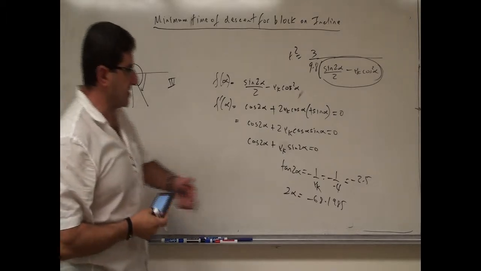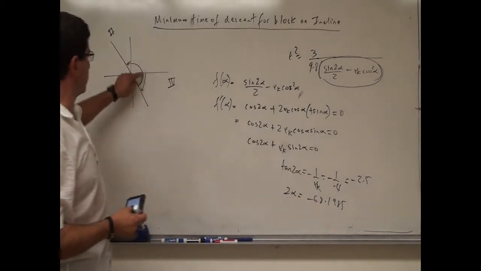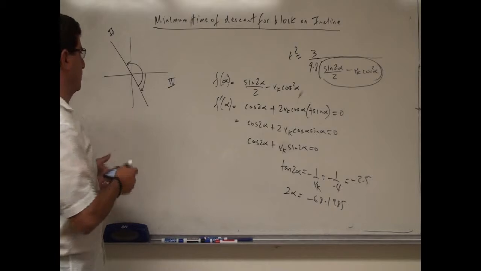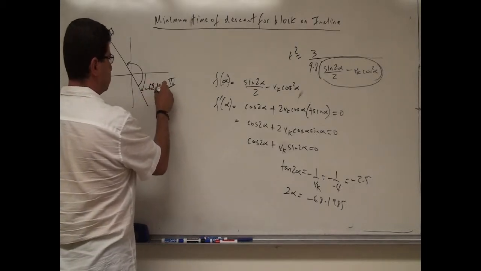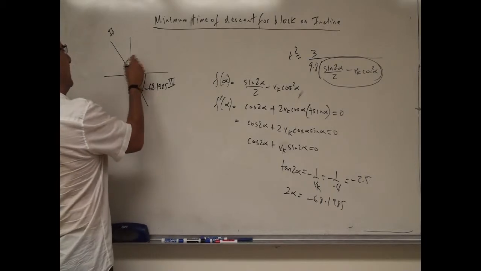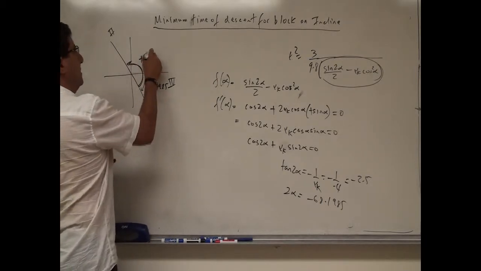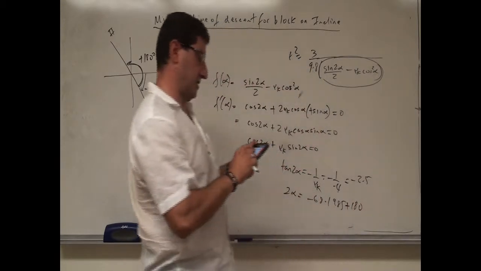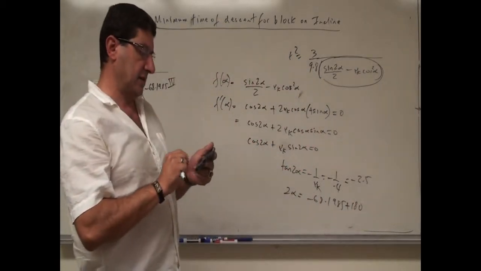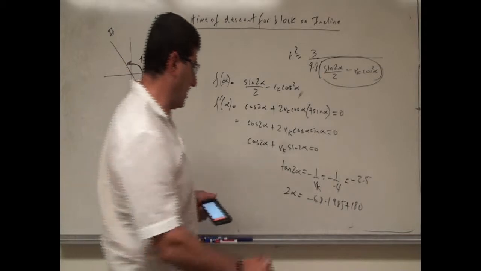So then the negative 68.5 is the answer in the 4th quadrant, right? Negative 68.1985. So if I add 180 to that, what do I get? Plus 180, I get 111.8.